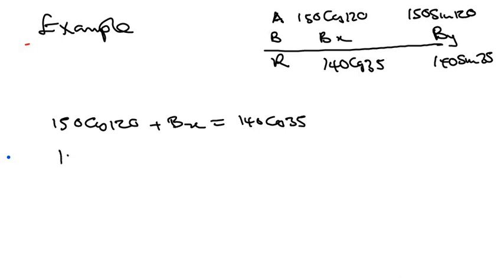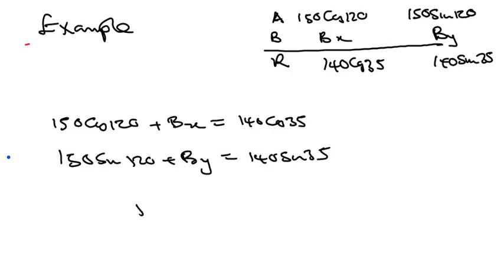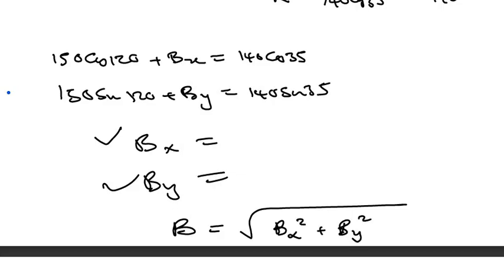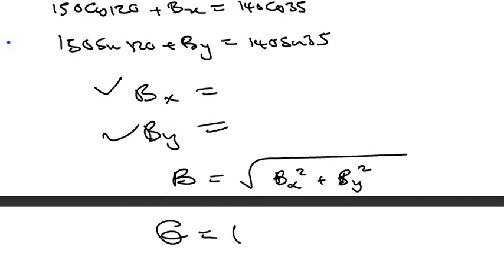Then we also do the same: 150 sine 120 plus the y component of B is equal to 140 sine 35. Then we make BX the subject, we also make BY the subject. Meaning you've gotten the x and the y component of B, and once you do that, you can now use them to get your value of B, because the actual value of B will be the square root of the x component of B squared plus the y component of B squared, together with the angle as well. The direction will be tan inverse of the y component of B divided by the x component of B.